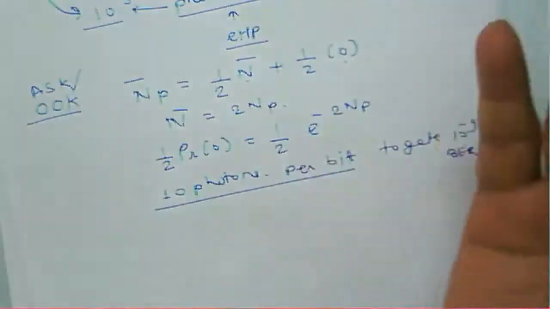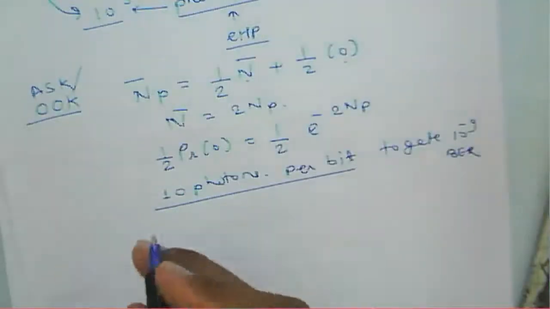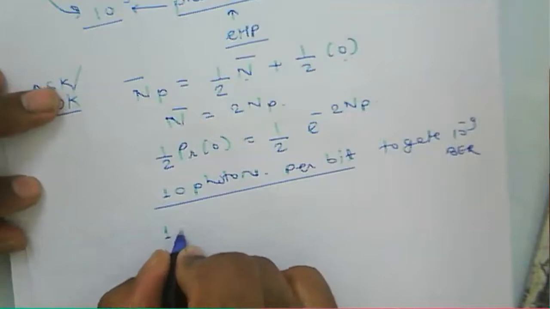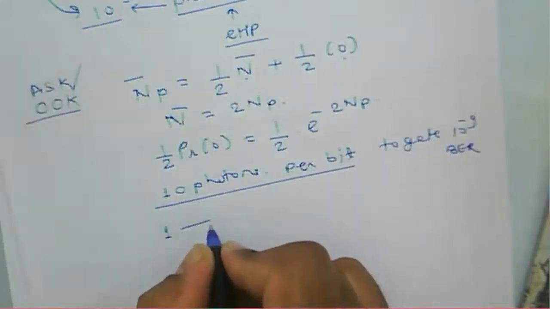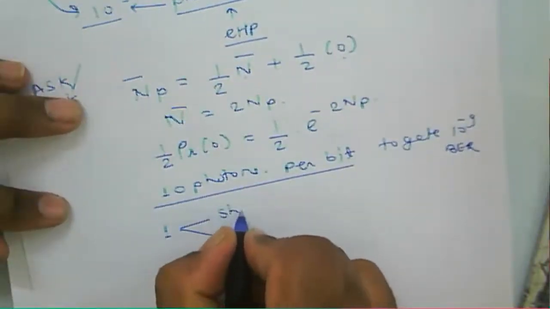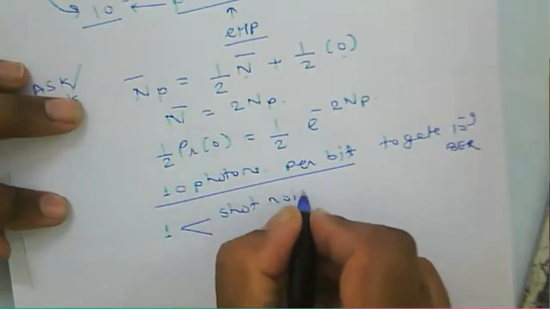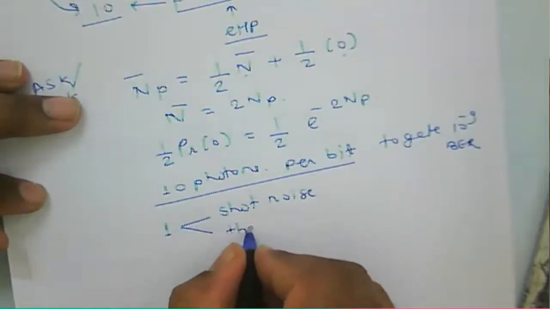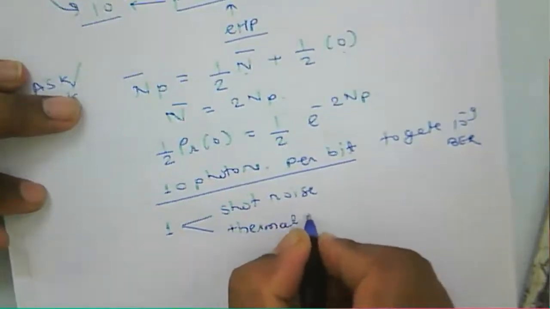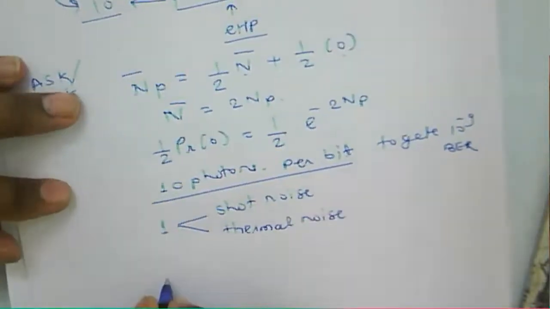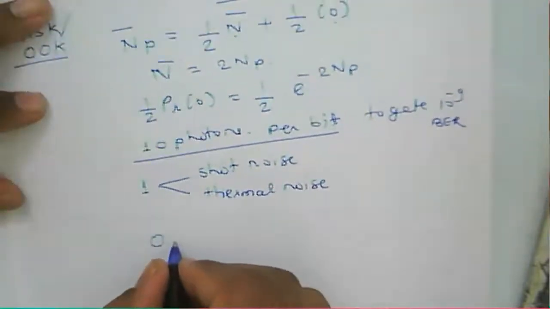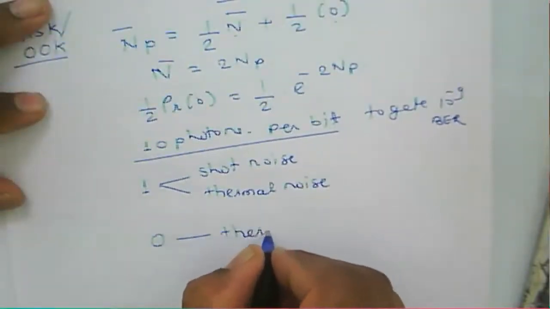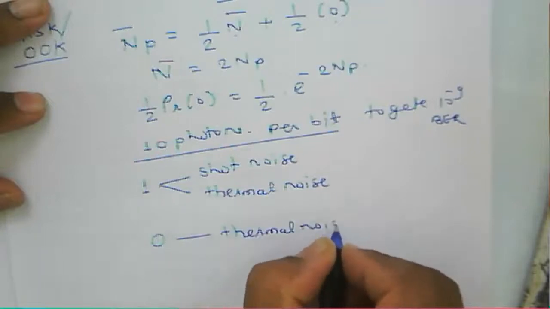Generally we say that for the detector, if there is a one bit, then there may be a noise that can be shot noise, or we can say thermal noise. But in the case of a zero bit, it has only thermal noise.